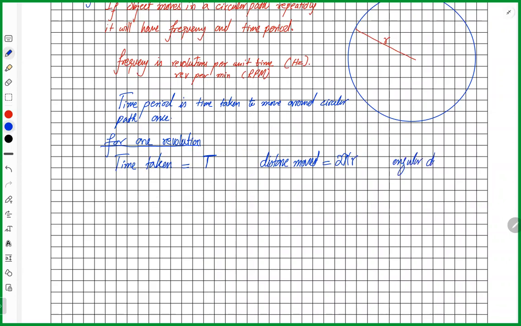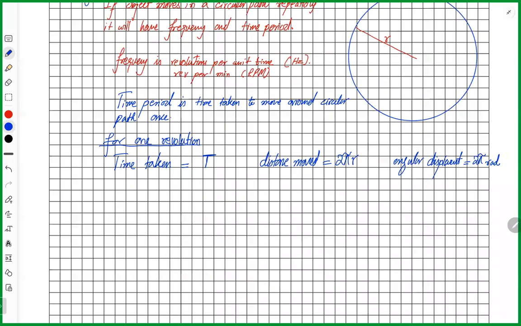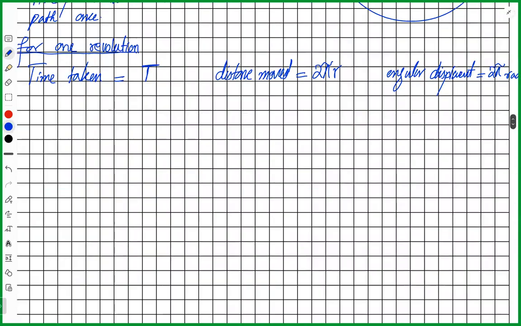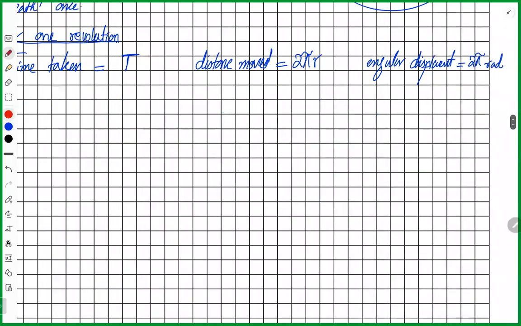Angular displacement will be 2 pi radians. So angular displacement is 2 pi radians and distance moved is 2 pi r and time taken is T. We will use this to find different kinds of speeds now.